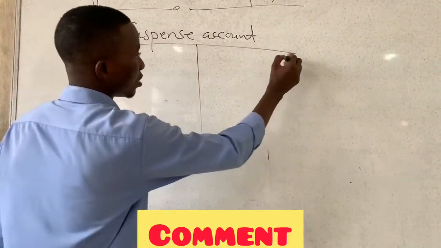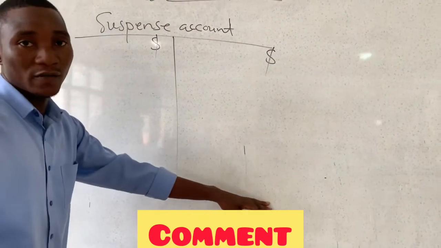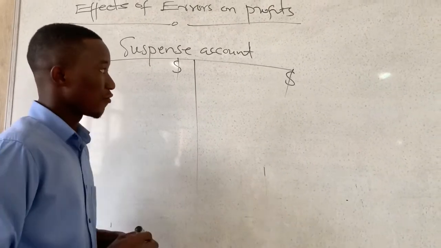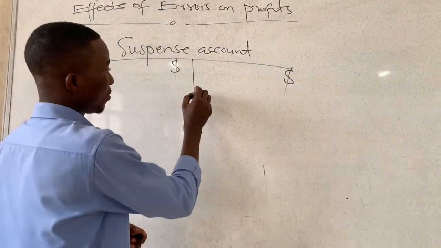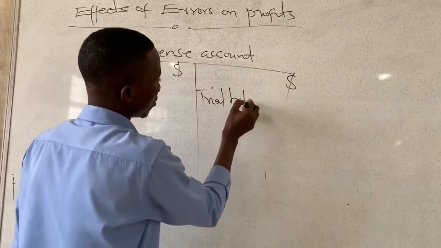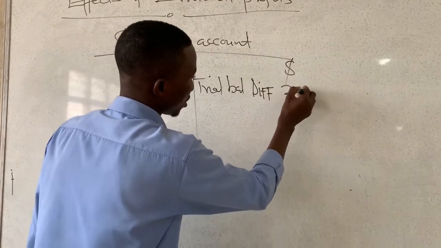Because the credit side of our trial balance is short by an amount of $200, we write, maybe, difference in the trial balance, $200.